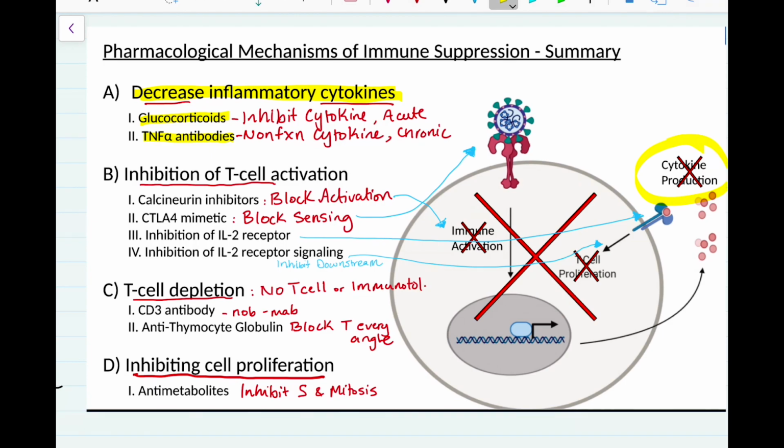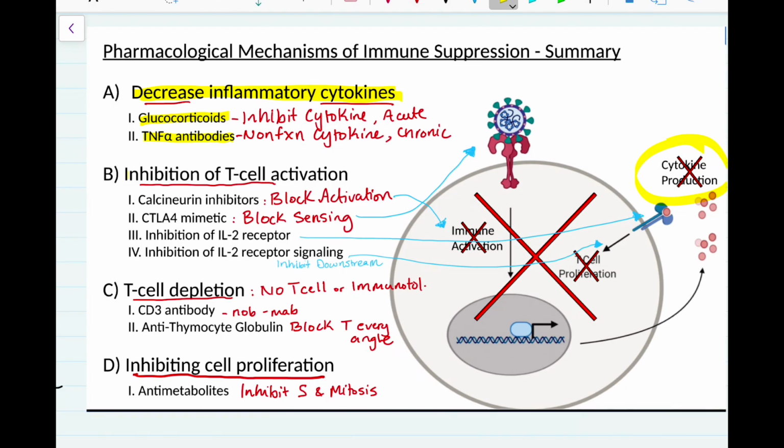Glucocorticoids inhibit cytokines and are mostly used for acute illnesses. TNF antibodies cause non-functional cytokines, so you still have cytokines, but they will not cause T cell proliferation, and that is used for chronic use.